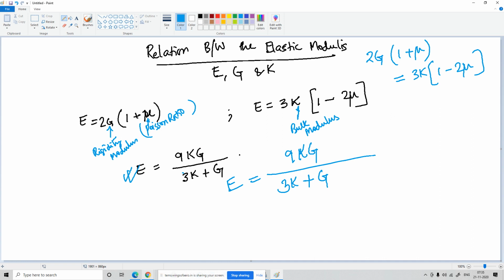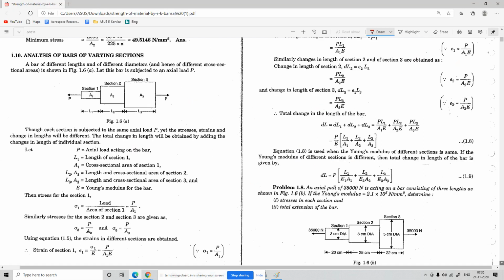Sure, ma'am. Okay. Here we have many formulas, so you have to be very careful, read the question, and understand which kind of problems will be applicable to this particular thing. Now next comes the analysis of bars of various sections, which can be in series and parallel. First we are seeing series, when different bars are connected with each other.